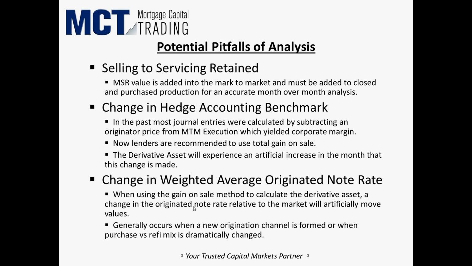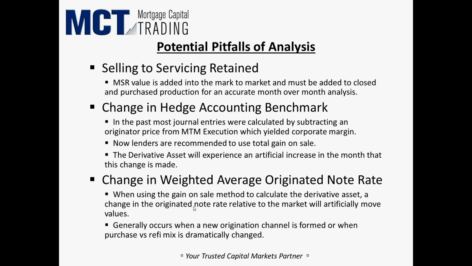Now, let's say you decide to change during one month from a lender corporate margin basis to a total gain on sale basis. You can see the obvious artificial increase that you're going to have. Using that exact loan, 104 in a mark-to-market execution, you go from a 200 basis point gain on sale to a 400 basis point gain on sale. So the derivative asset will experience an artificial increase in the month that the change is made. So that's a key to understand there.